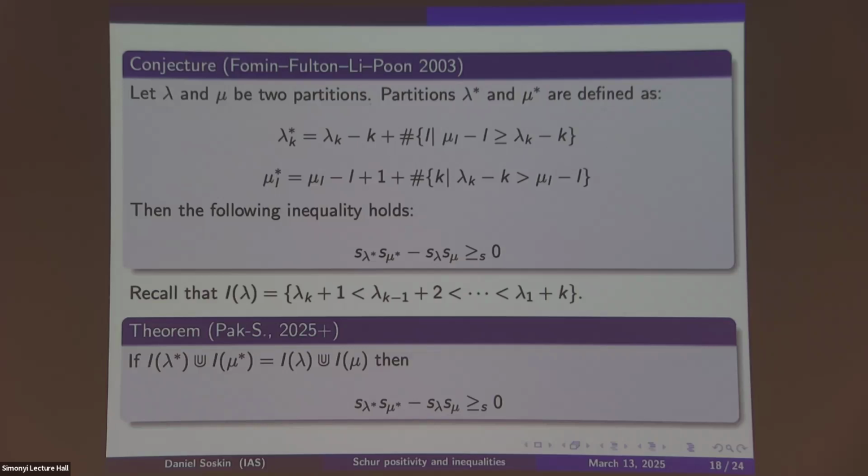So we decided to add an extra condition: we add staircase to partition lambda, staircase to partition mu, and also to lambda star and mu star, and we require that the multiset union is the same, so that we are in the necessary condition we discussed earlier.